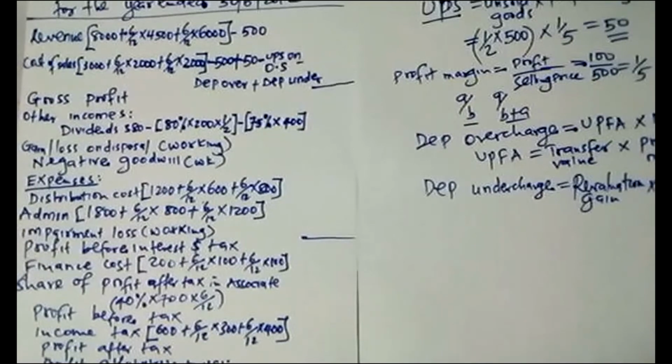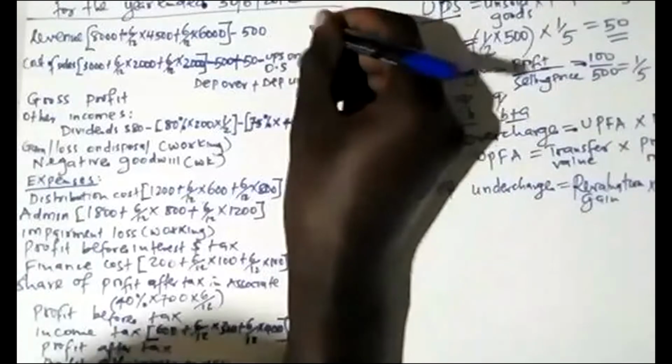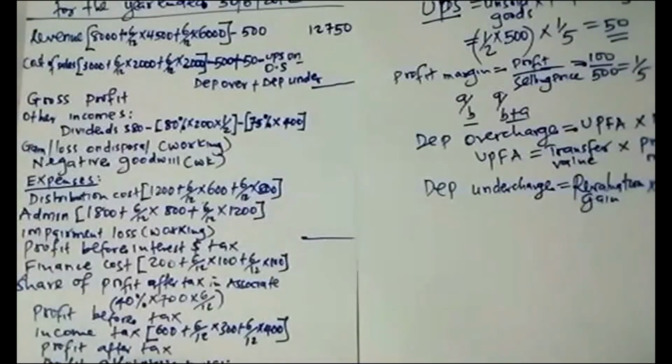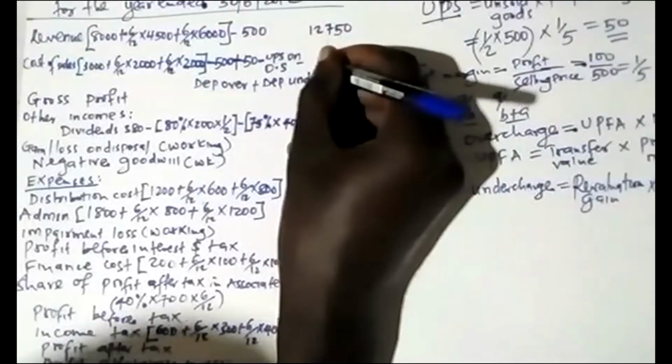So if I take my calculator, I do the first revenue, that is 800 plus 6 over 12 times 4,500 times 6 over 12 times 600 minus 500. So for the first one, I'm getting 12,750. And if I do the next one, I'm getting 4550.